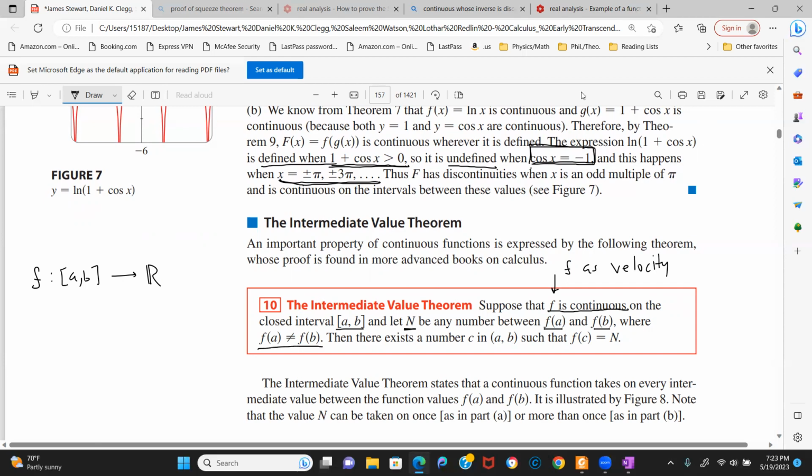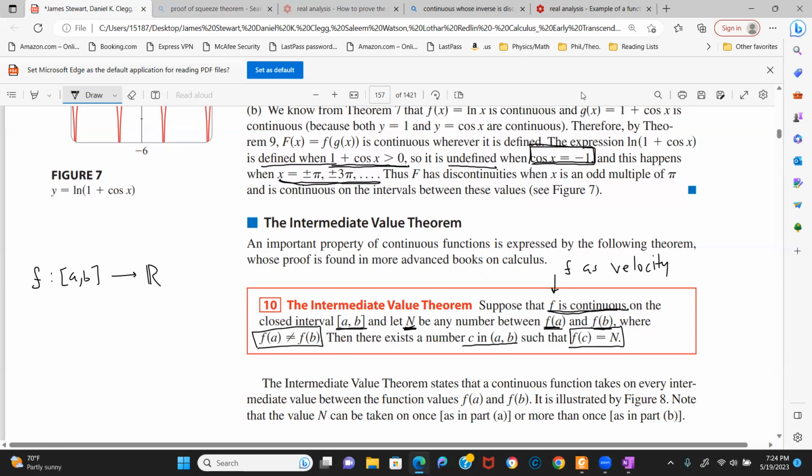Of course, you do need these to be not the same. Now, if you have a continuous function on this closed interval and a number n between f(a) and f(b), then there has to exist a number c such that f(c) = n. That is, the number n is the output of the function at some point.